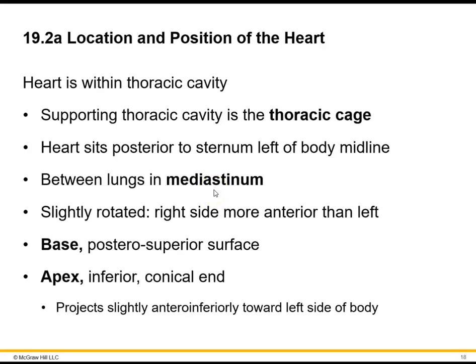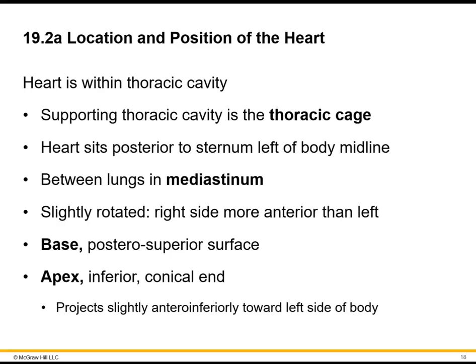Okay, where is the heart located? It is within the thoracic cavity. The thoracic cavity is supported by the thoracic cage, and the thoracic cage consists of the ribs, the sternum, and the thoracic vertebrae. The heart is going to sit posterior to the sternum, a little bit left of the body's midline.